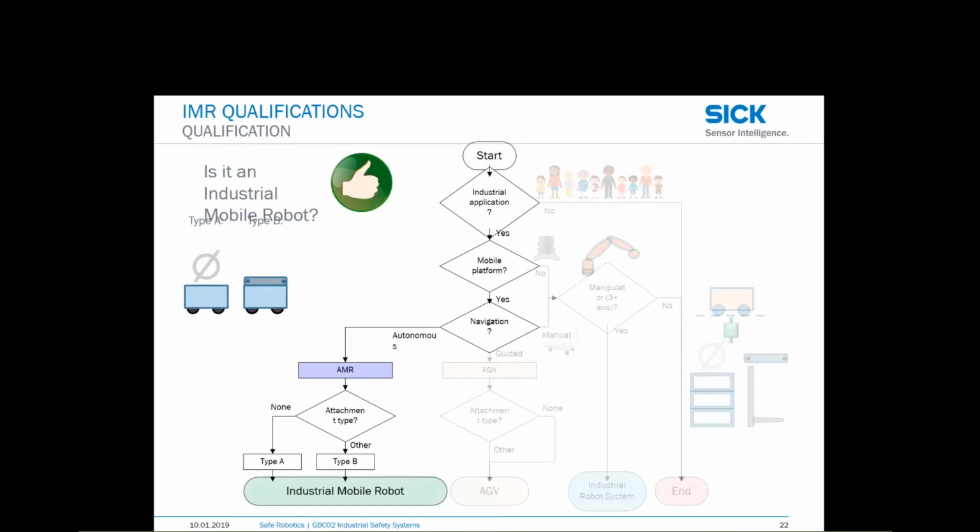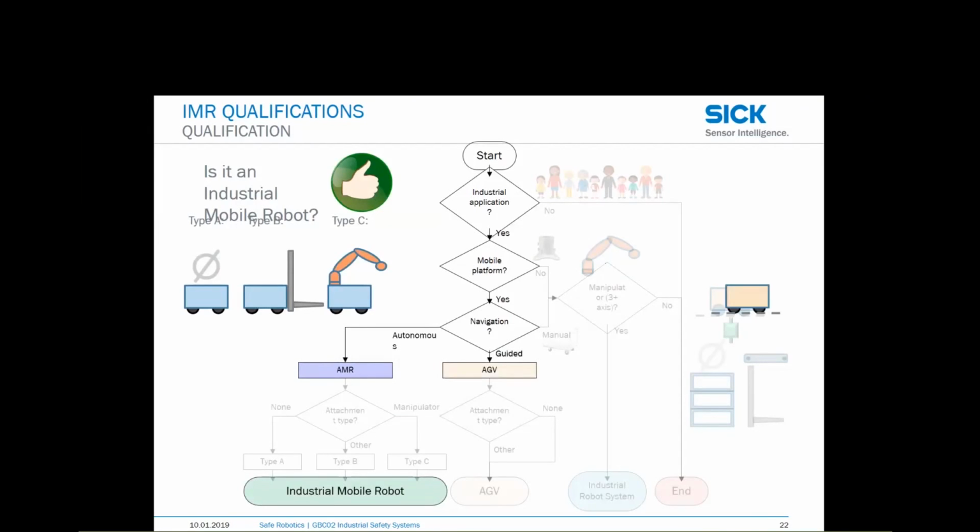Could be a conveyor, could be bins, could be a cart, could be a forklift. If it, however, has a 3+ axis mobile manipulator, this will be considered a type C. If we have a guided vehicle, mobile platform, and we have an attachment type as a manipulator, this will also be considered by the standard as a type C mobile manipulator.